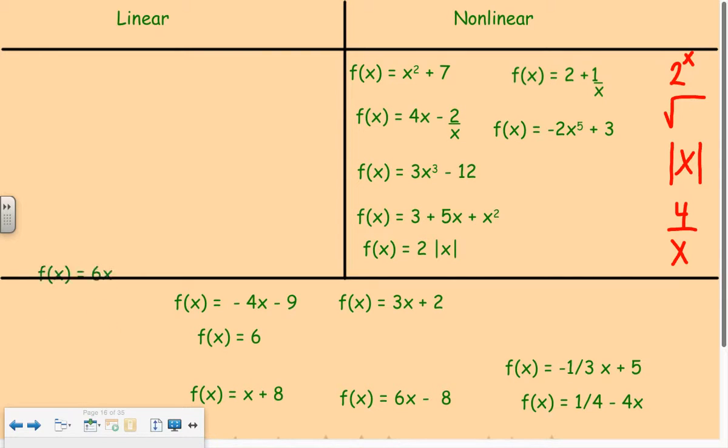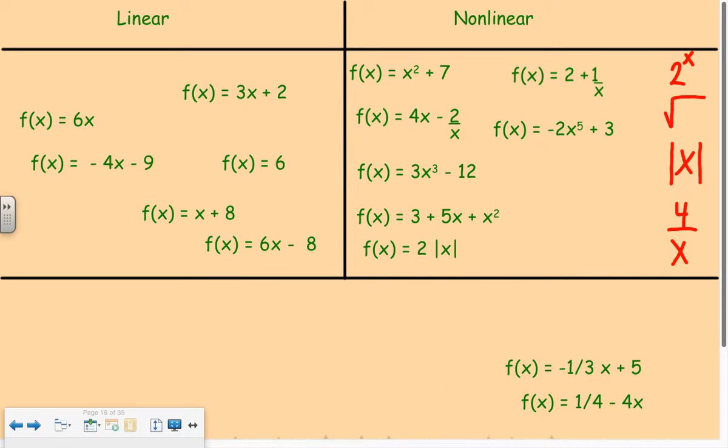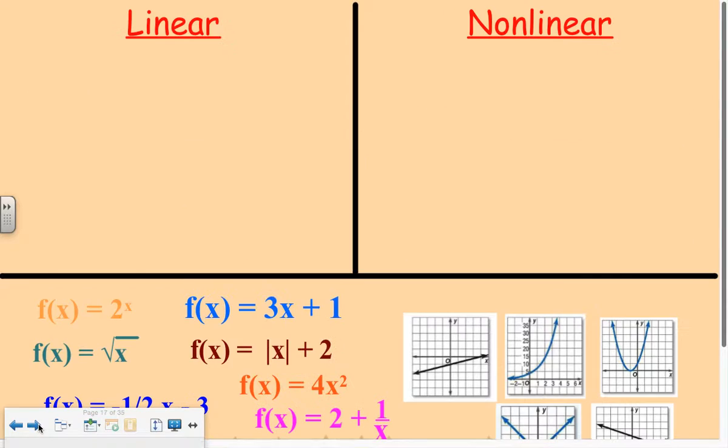Everything else is linear. 6x, -4x minus 9, 6x plus 8, 3x plus 2, 6x minus 8, -1/3 x plus 5, and 1/4 minus 4x. So fractions are okay as long as there's not a variable on the bottom.